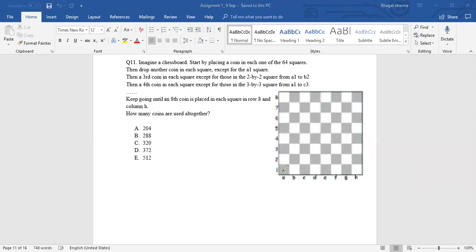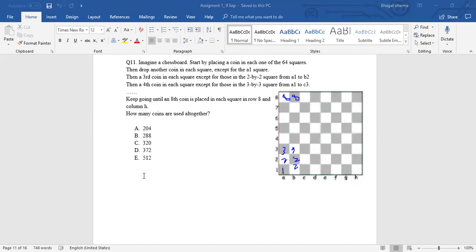So here we have one coin. Here 2, 2, 2. Similarly, this is 3, 3, 3, and so on. And this will be 8. Right?